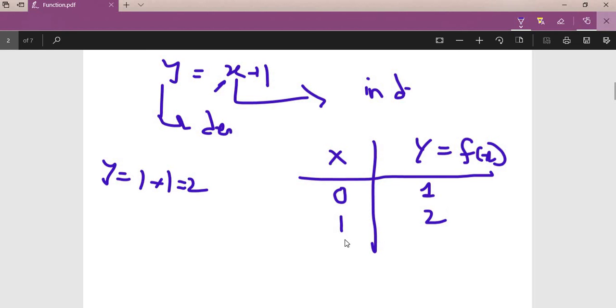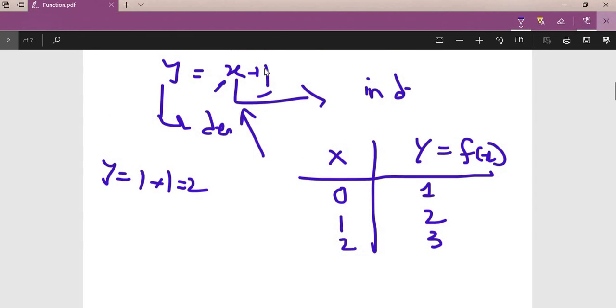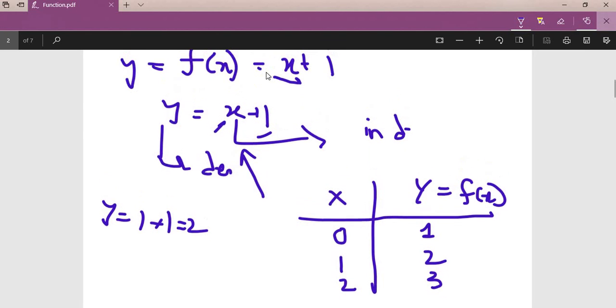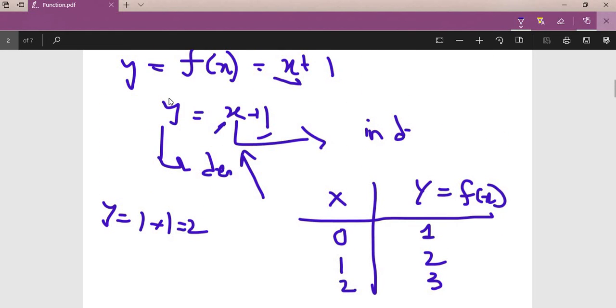If I put x is equal to 2 in this function, the value of y will be 2 plus 1, which is equal to 3. So we can give this function any real number, and it will have an output.